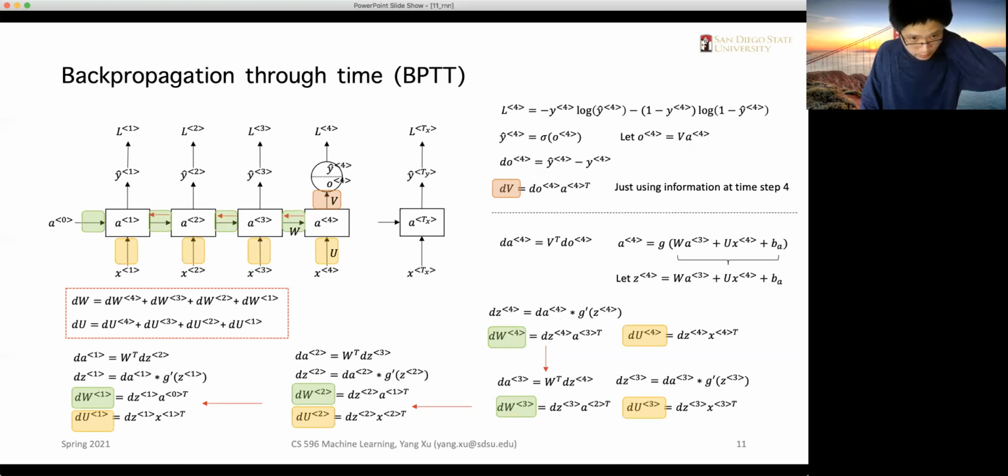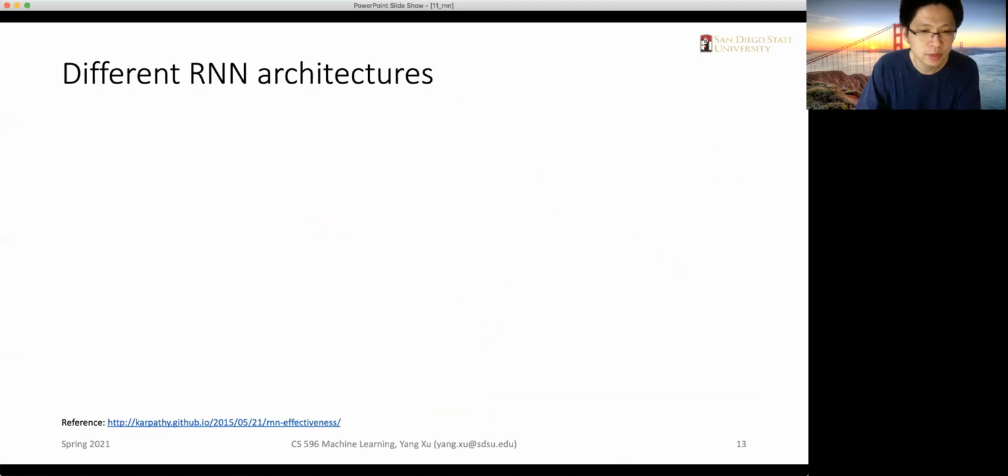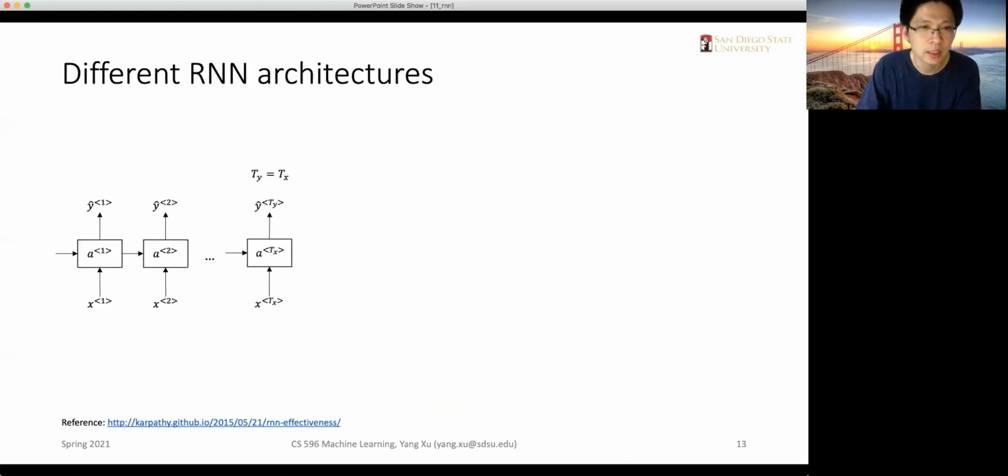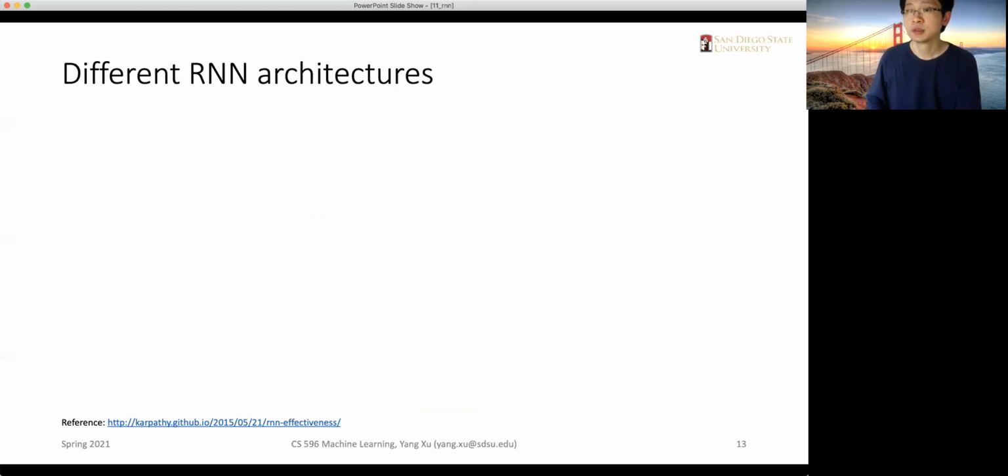All right. So that's the basic simple neural network structure. I think we can cover the next few slides also. So it's for the different RNN architectures, right?